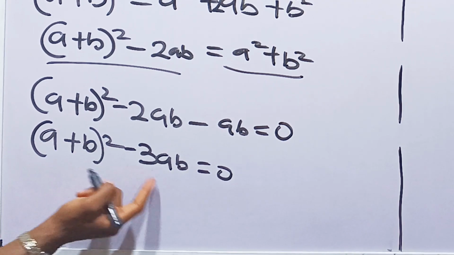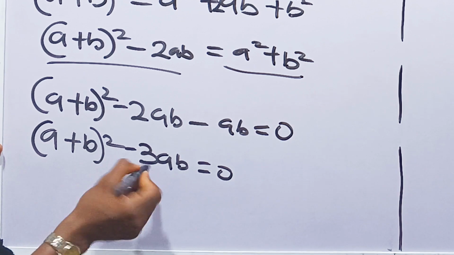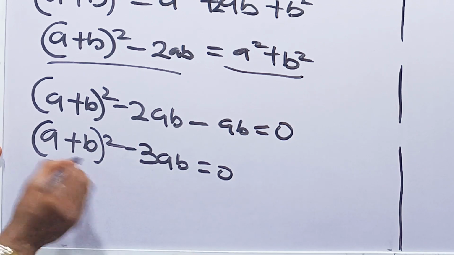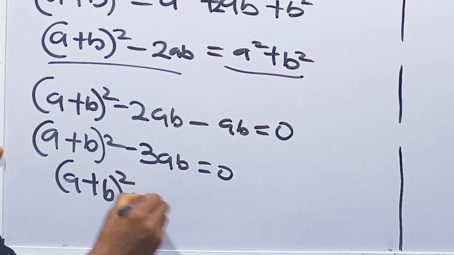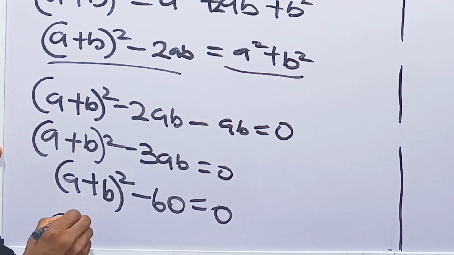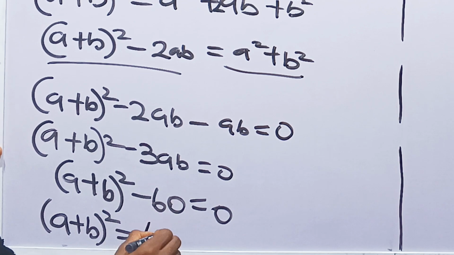Now, our ab is what? 20, from equation 2. So minus 3 times ab is minus 3 times 20, which is minus 60. So we now have that (a plus b) all squared minus 60 is equal to 0. From here, we now have that (a plus b) all squared is equal to 60.